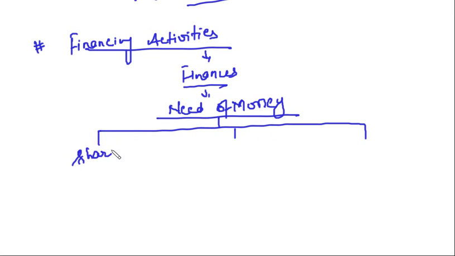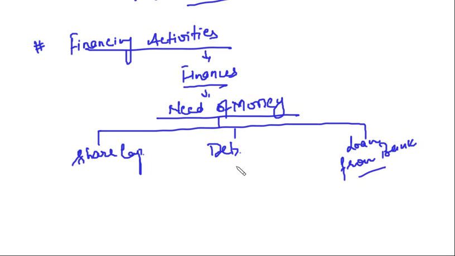One is the share capital, the other one is debentures, and loan from bank. Any cash flow related to these three things we will cover under the financing activity, whether it is redemption of debentures, issue of debentures, the dividend given on share capital, interest paid on debentures, or interest paid to bank for the loan taken from bank. Clear? So everything will be covered in financing activities. Clear, friends?